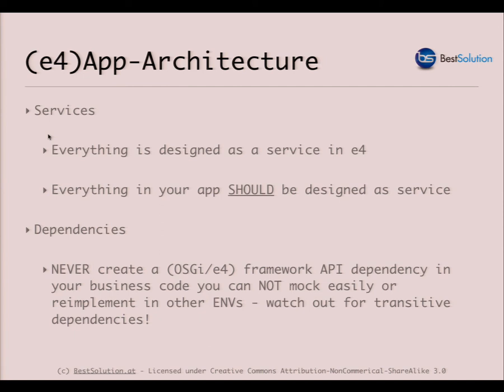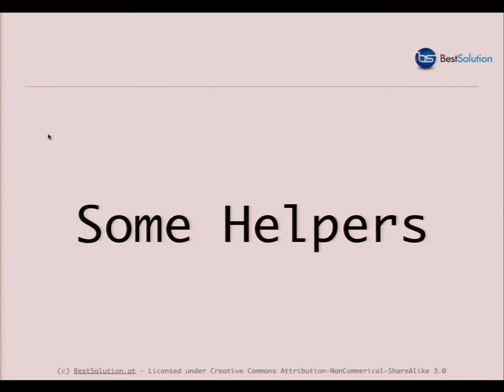You are not bound to Eclipse 4, and this can be achieved with APIs that I'm going to present in the next 20 minutes. That's the important fact. That's the architecture we have to keep in mind. All we try to do here is always keep our references to the Eclipse framework at zero to very minimal, and only stuff that we can mock easily should show up in our own code base.